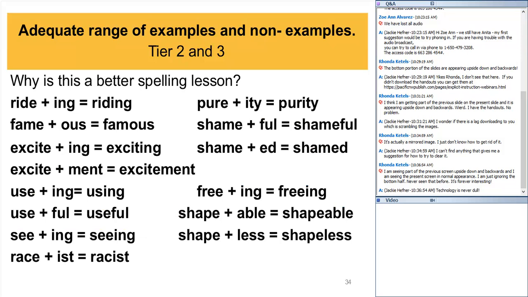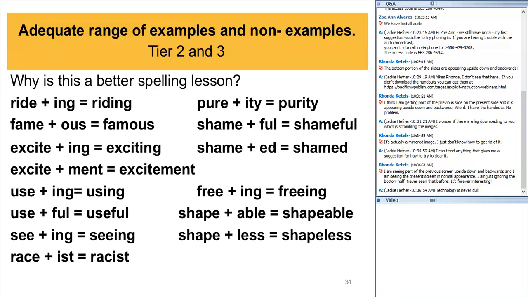Okay, see if you have some of the same ideas that I have. First of all, there is a wider range in terms of the roots. Yes, there's a two-syllable root, but there's also some that are simply longer roots. But the big difference is there's much more variation in terms of the endings. So ing, ous, ful, ist, ity.